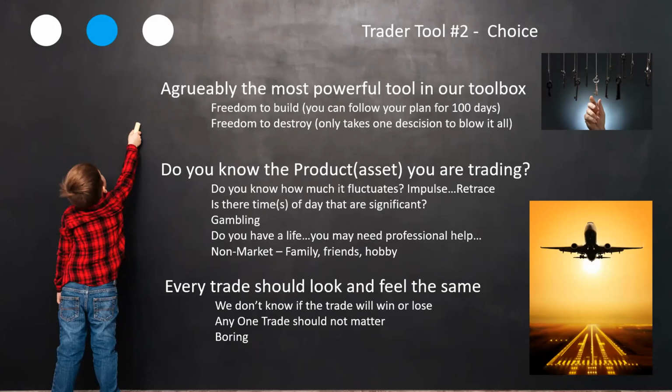You're not thinking, this setup looks really good, it's going to be a big winner, so I'm going to put 5 contracts on instead of my normal 1 contract. Doing that and having that mentality is gambling. It's not being consistent, and you will never have a system that you can measure. Never. And if you can't measure your system, you're flying blind.